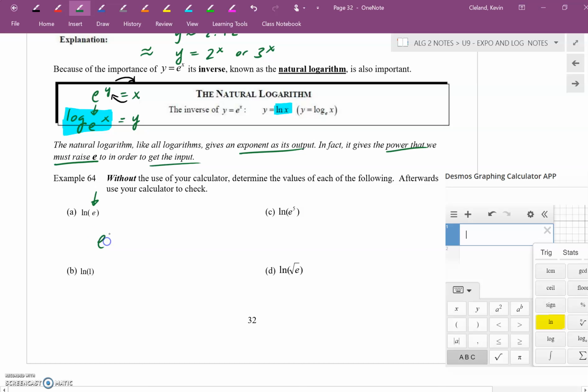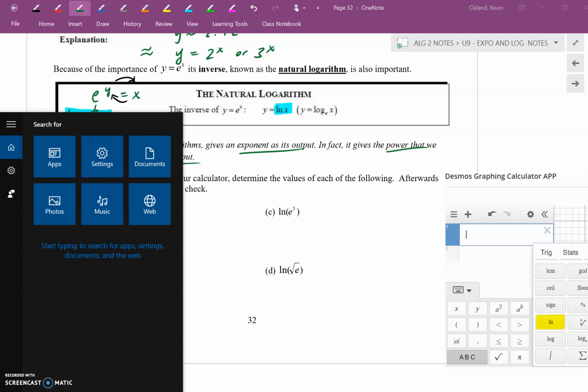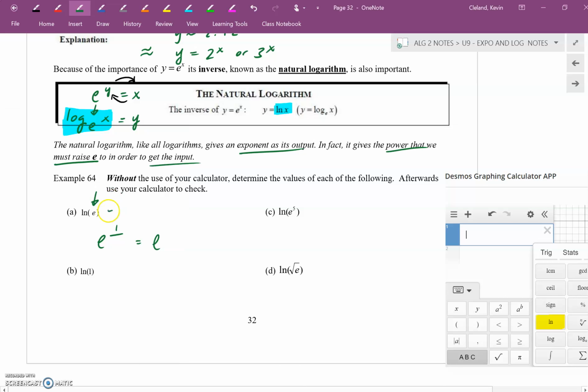Well, anything to the first power is itself. So the natural log of e is just 1.